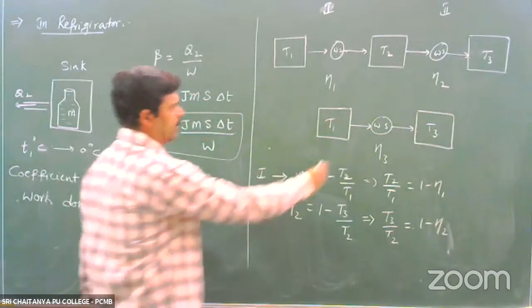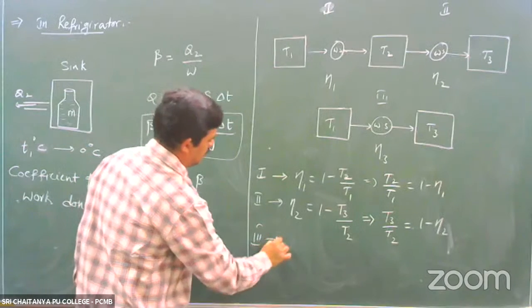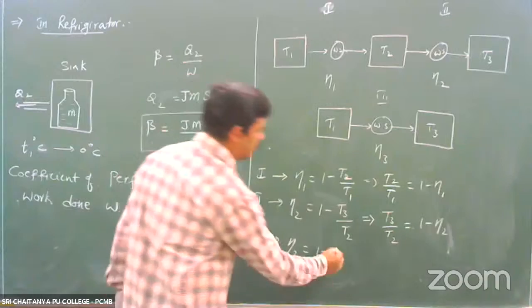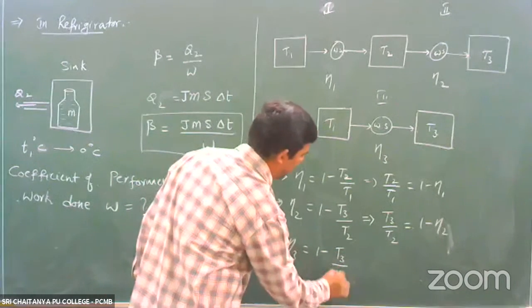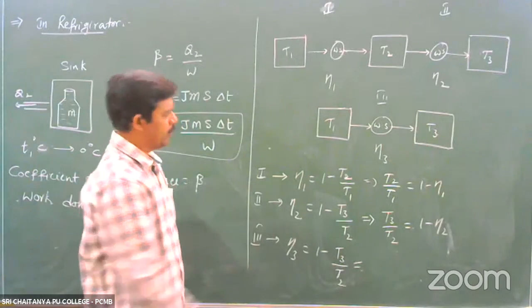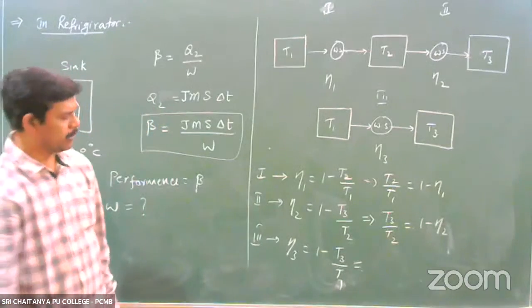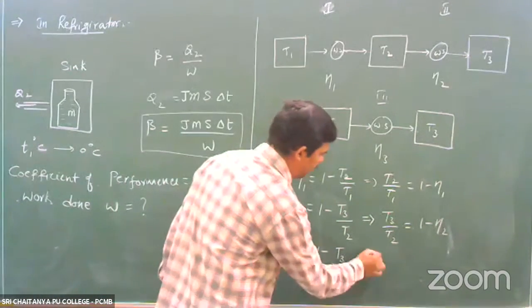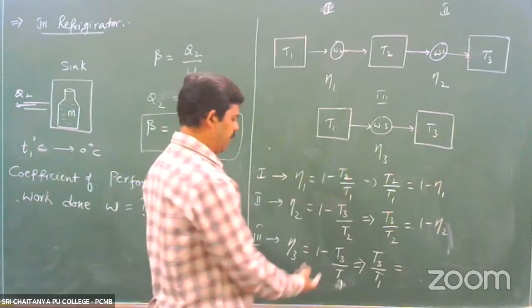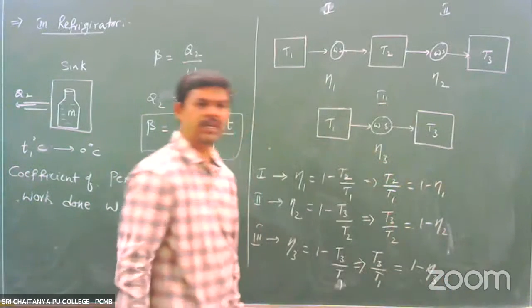Then for the third engine, eta 3 is 1 minus T3 by T1. Yes or no? From this, T3 by T1 is equal to 1 minus eta 3. Okay?